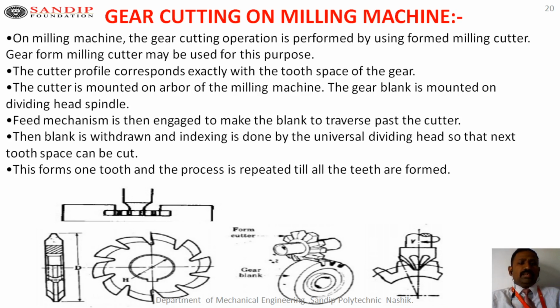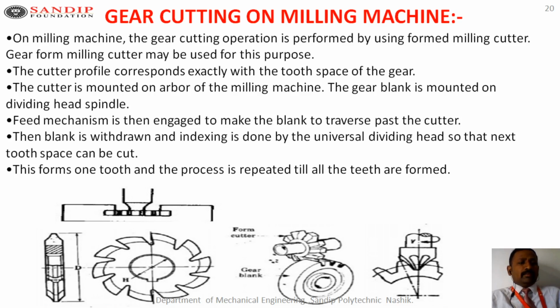On a milling machine, a multi-point cutter is used to manufacture the gears. The gear cutting operation is performed by using form milling cutters. Form milling cutter means whatever exact shape we want on the workpiece, that shape or cavity is produced on the gear blank.